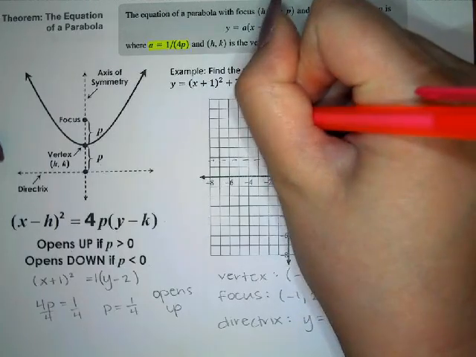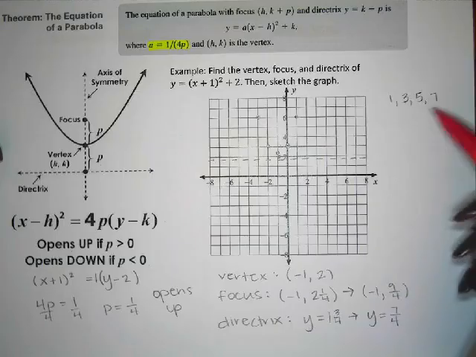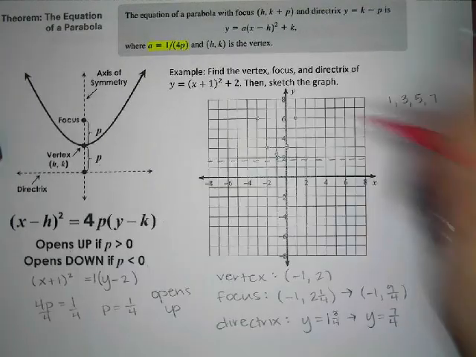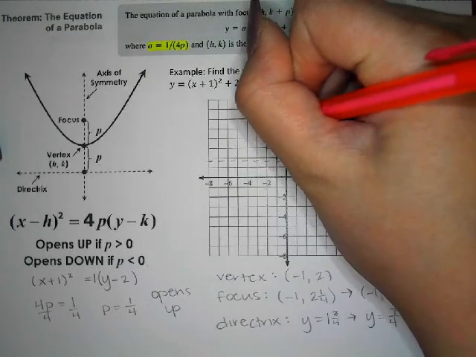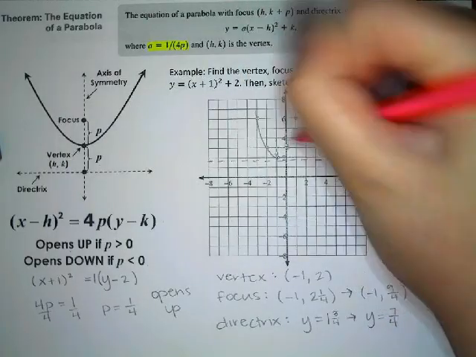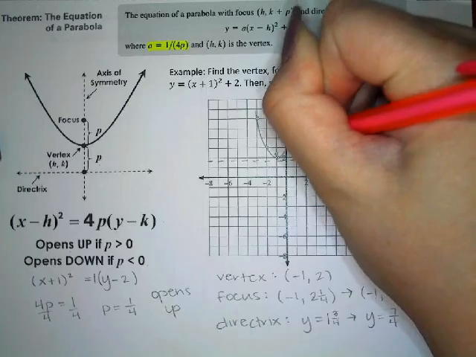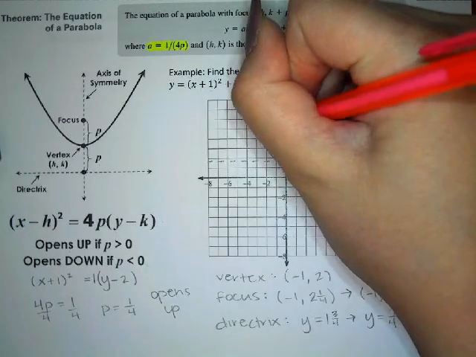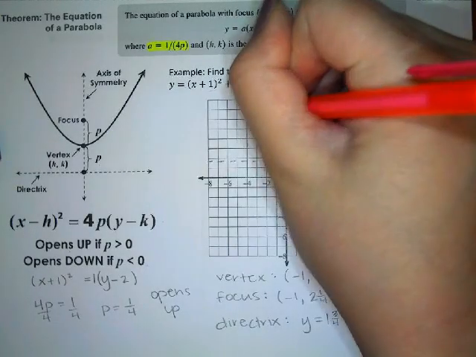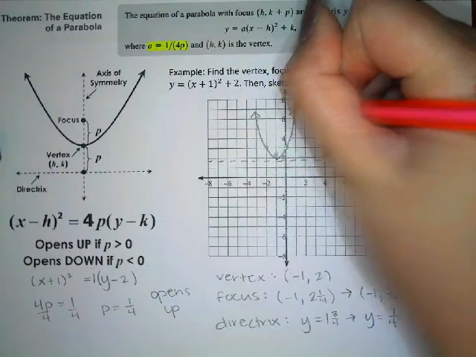If I had space, I could go over 1 up 5 and then over 1 up 7, but I don't. So I'm just going to leave it like this. And there's my graph.